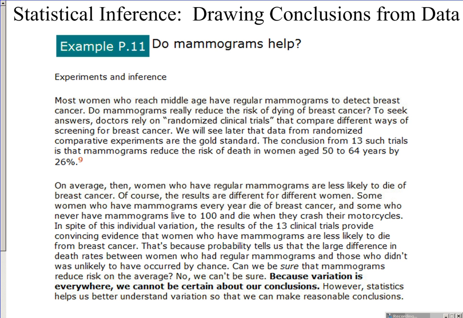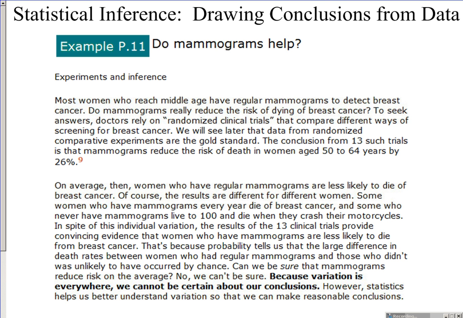To seek answers, doctors rely on randomized clinical trials that compare different ways of screening for breast cancer. We will see later that the data from randomized comparative experiments are the gold standard. The conclusion from 13 such trials is that mammograms reduce the risk of death in women aged 50 to 64 by 26%. On average, then, women who have regular mammograms are less likely to die of breast cancer.